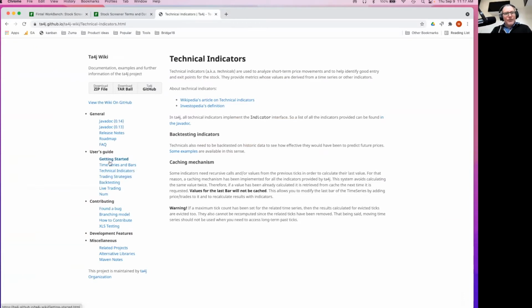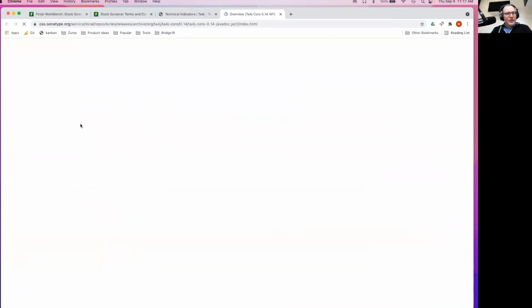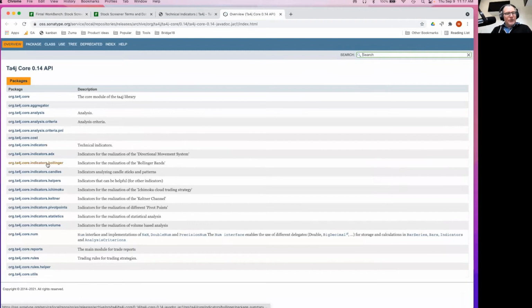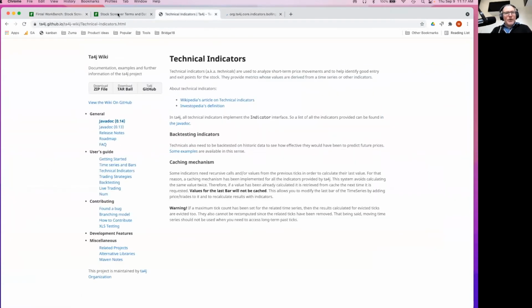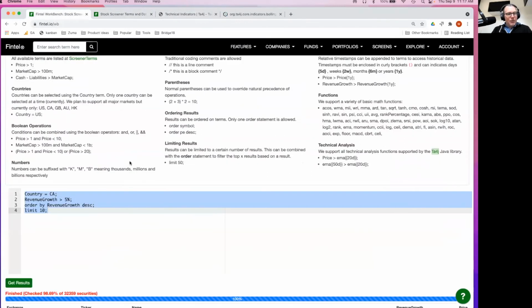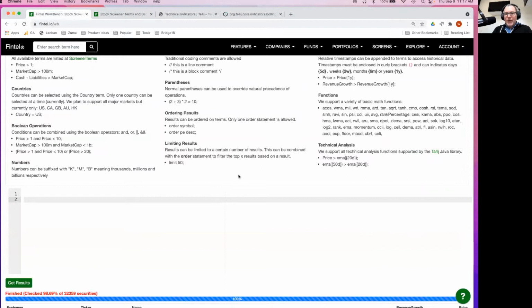I think they're available in here somewhere in the Javadoc. So here's all these indicators here. Okay, there's a whole bunch of these. Now let's just talk about EMA. What we've done here, let's take a look at this one right here. The current price.